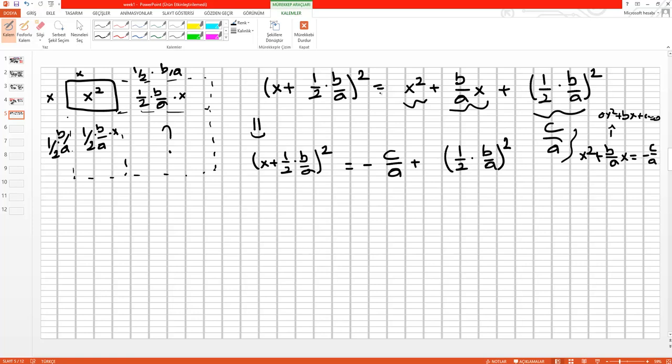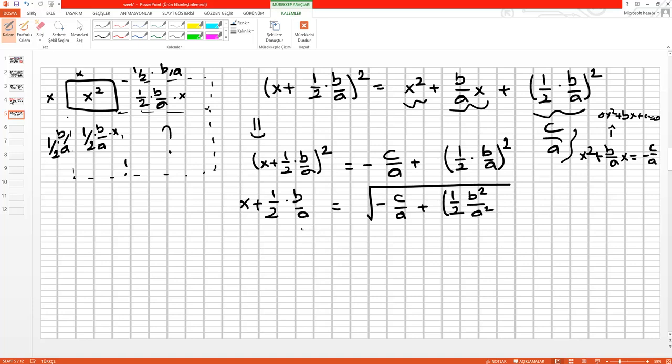And after that, if we know this information, we take the square root of this term, and b/a is equal to this term minus c/a plus (1 divided by 2 b/a) squared, right?